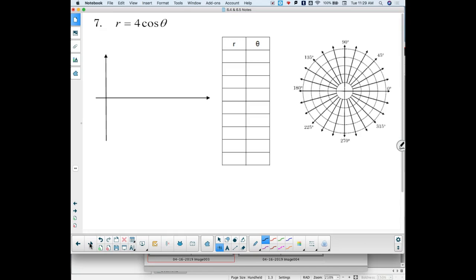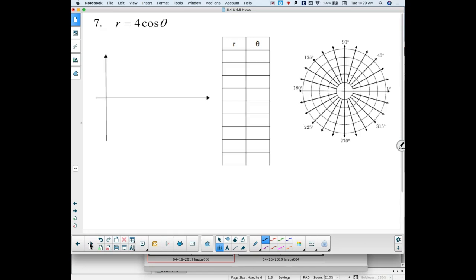You know what I mean? What's the independent variable that we put in a polar graph? R or theta? Theta. Okay?